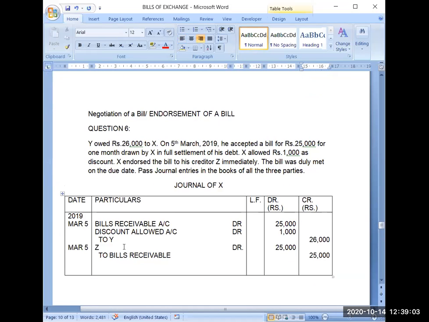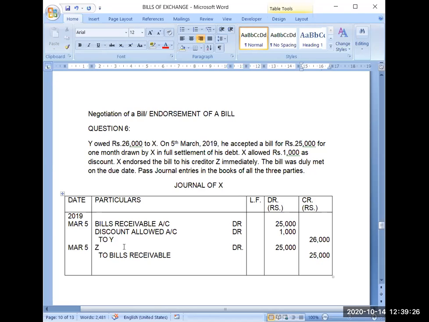Now what will happen practically? Now X has made the payment. X is not having any bill. Y has to make the payment after 1 month, and Z will be receiving the payment after 1 month. Z will be having this bill now, and Z will be presenting the bill before Y on the due date.